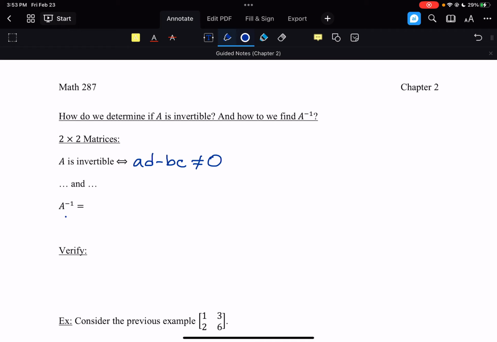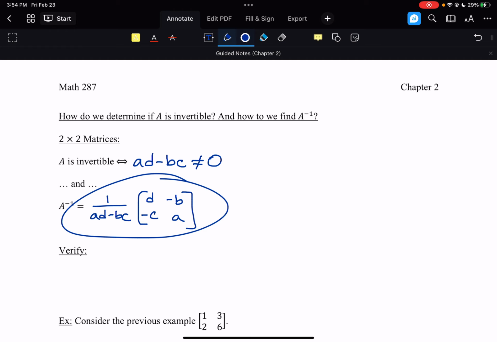So if it's invertible, then the general formula for the inverse is going to be 1 over AD minus BC, and you can see maybe why that needs to be non-zero now, times the matrix D, negative B, negative C, A. So a 2 by 2 matrix is invertible if AD minus BC is non-zero, and if it is invertible, this is the formula for its inverse.